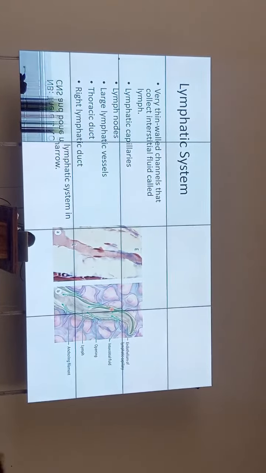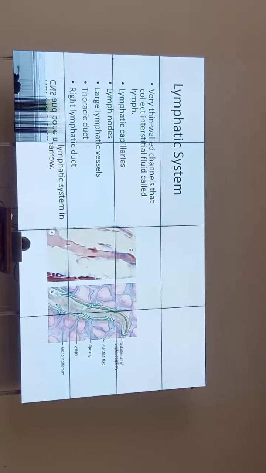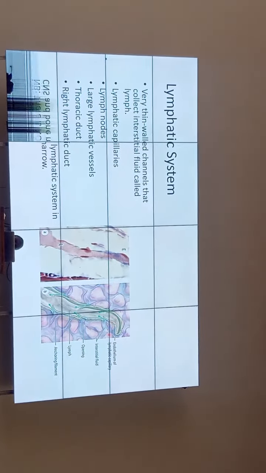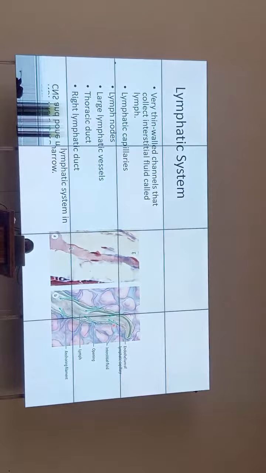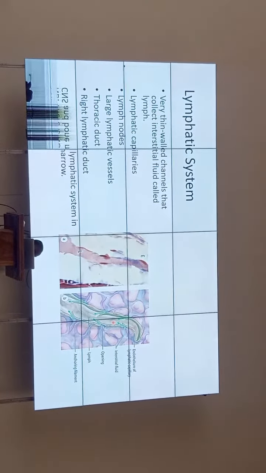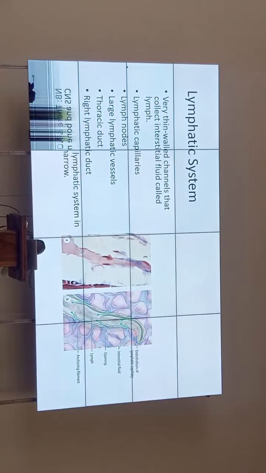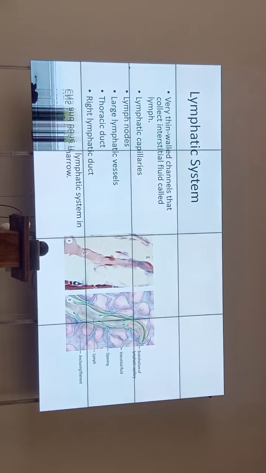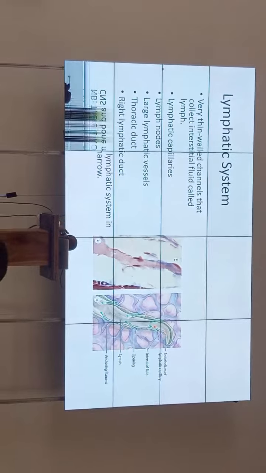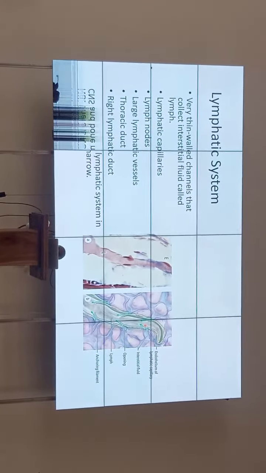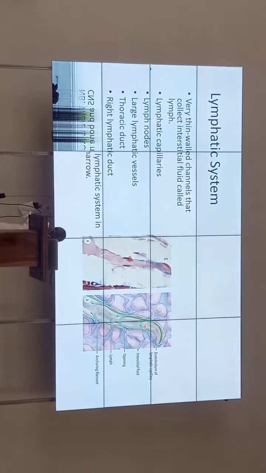But these endothelial cells are laid in such a way that they are able to allow fluid to seep into the vessels. But when that fluid wants to move outwards, these same cells, the way they are arranged, form a valve. It's like they collapse on each other to prevent the fluids from going backwards.